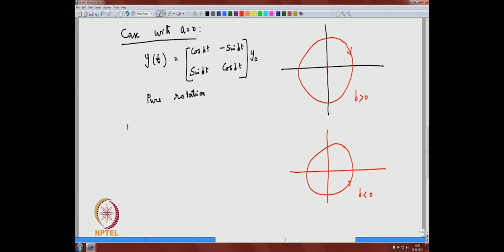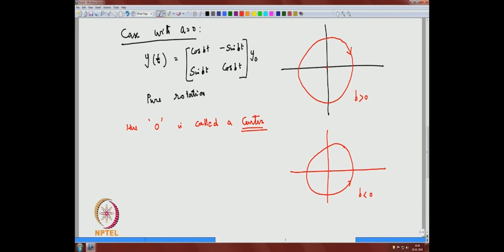Such a point, 0, is called a center. So with A non-zero it is a focus in the complex situation, and when A equal to 0 the equilibrium point is called a center.